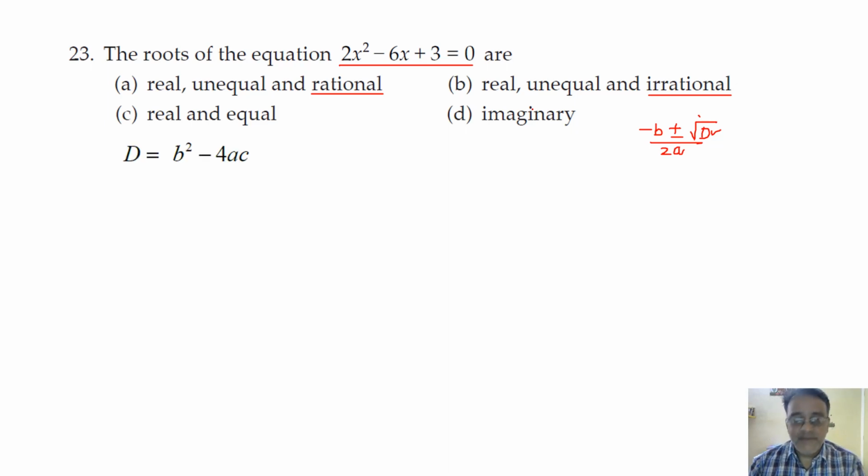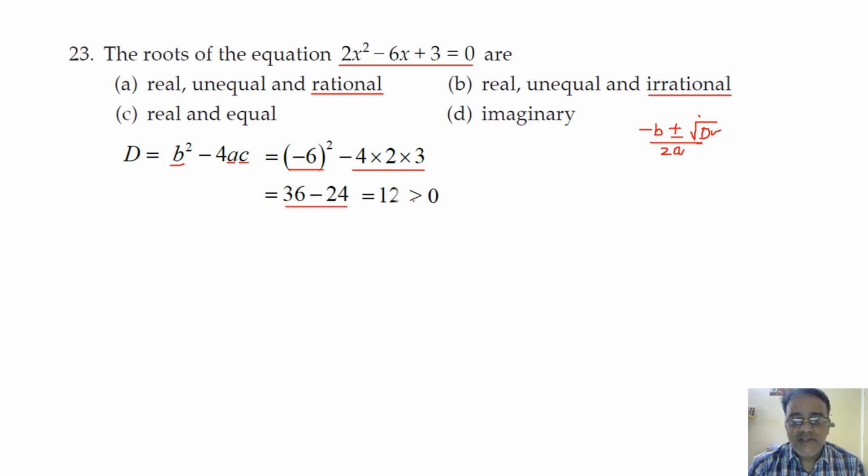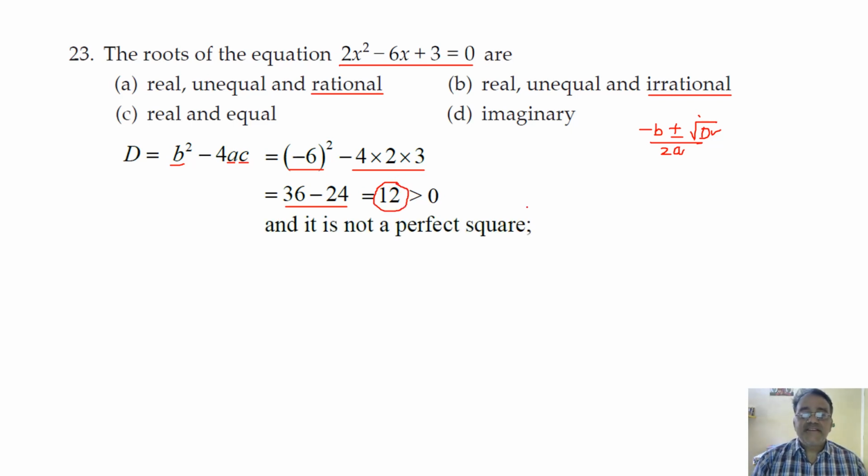So let us calculate b square minus 4ac. b is minus 6, a is 2 and c is 3. So 36 minus 24, so we are getting 12. 12 is greater than 0, and is 12 a perfect square? No, sir. It is not a perfect square.